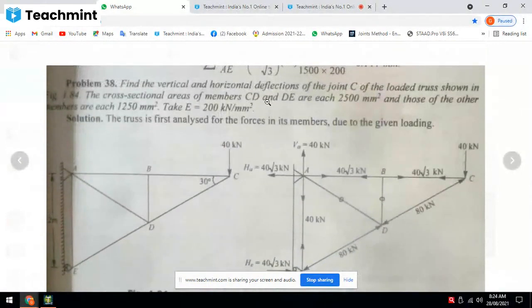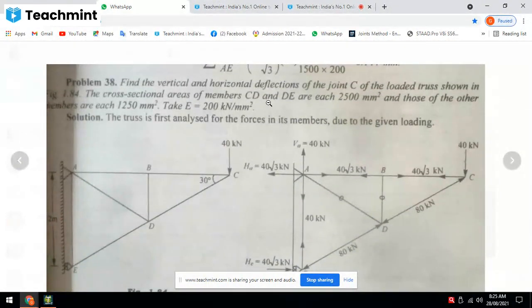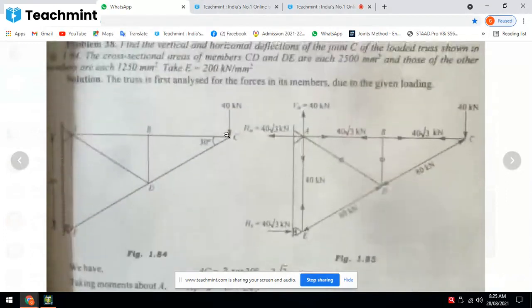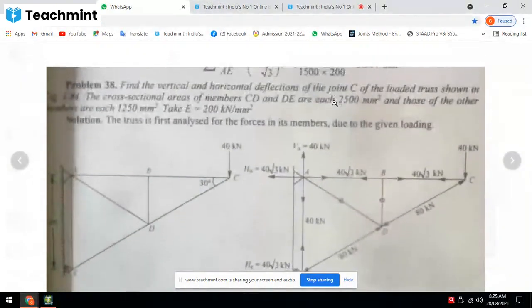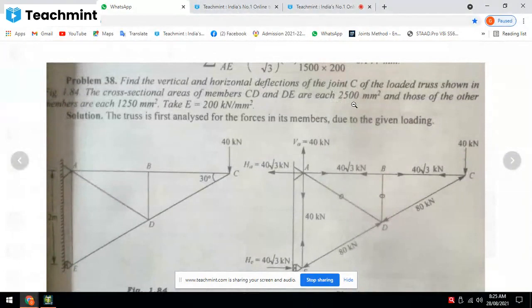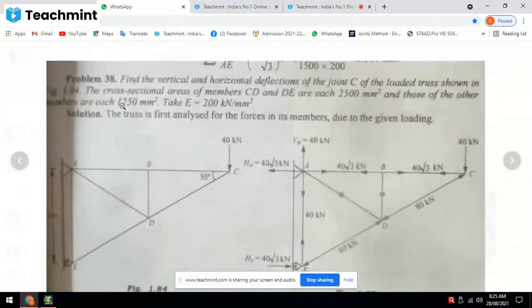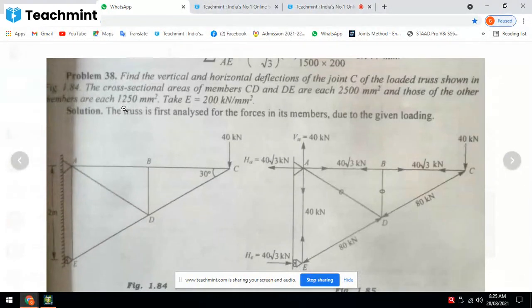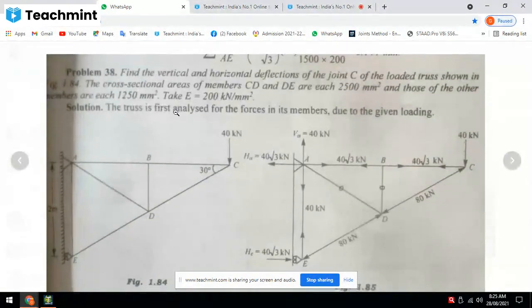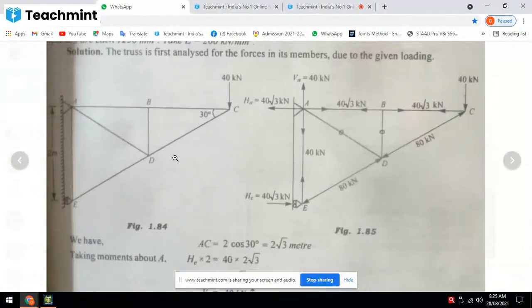It is mentioned that the cross-sectional area of members CD and DE is 2500, and the remaining members have an area of 1250. First of all we will draw the truss.